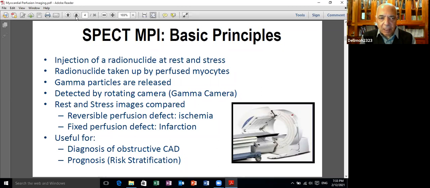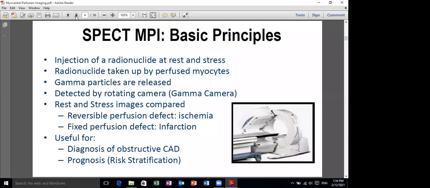The gamma particles are exactly similar to the X-ray particles, but they are of higher energy and they are of nuclear origin. They are not electrons like the X-rays, but they are of much higher energy, so that they can be imaged. The idea is that the gamma particles collide with the sodium iodide crystal, and this results in the formation of photons.